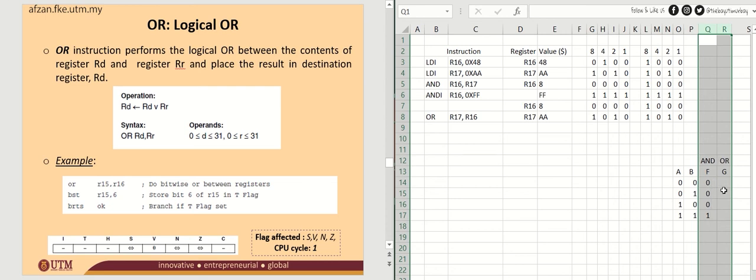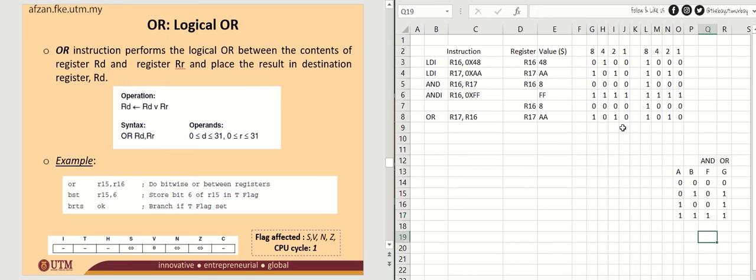AB is your input. 0 OR with 0, what happened here? You get 0. What about 0 OR with 1, you get 1. 1 0 you get 1, and 1 1 you get 1. So this is the truth table of logical OR.